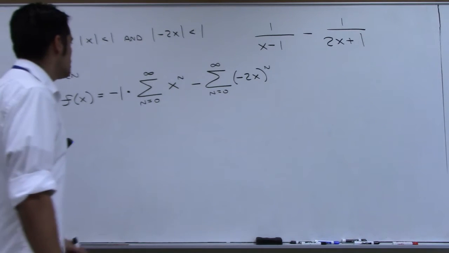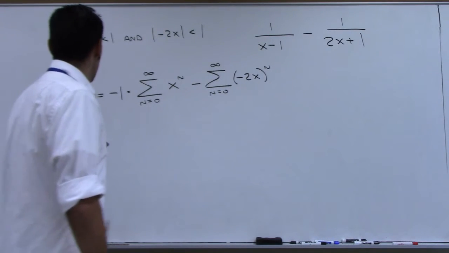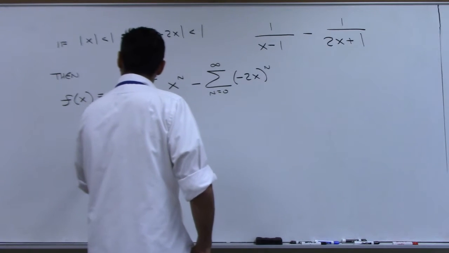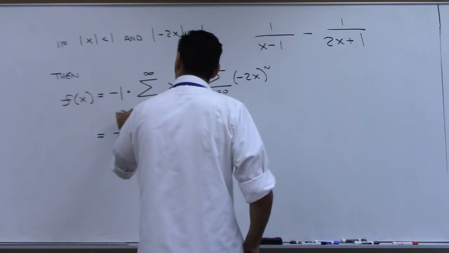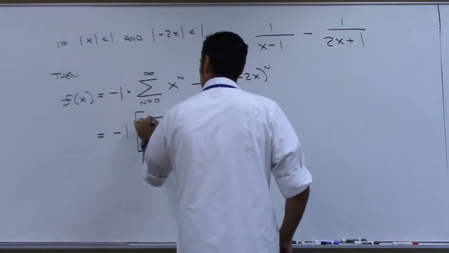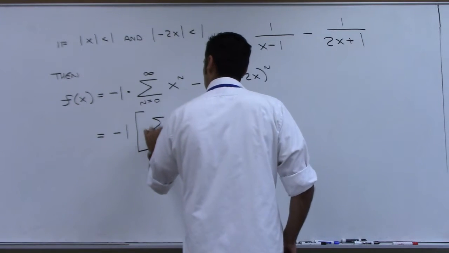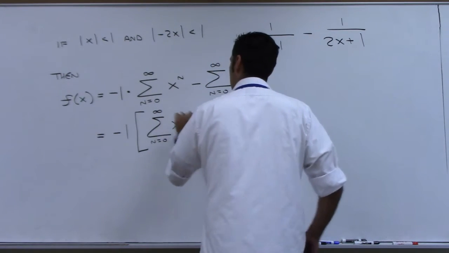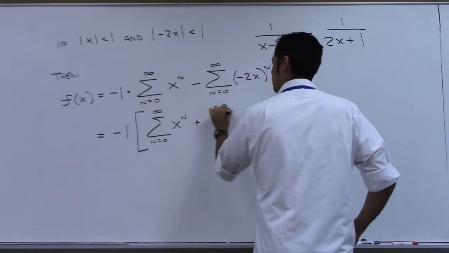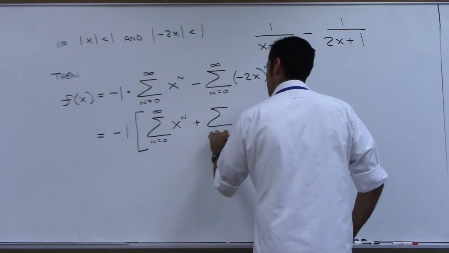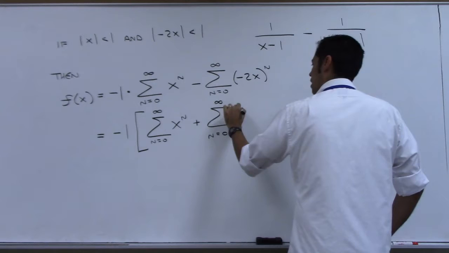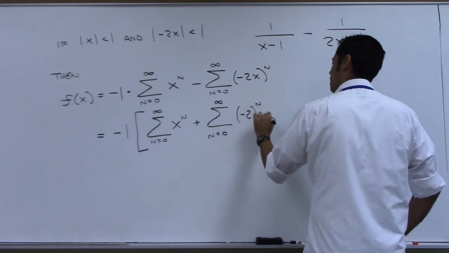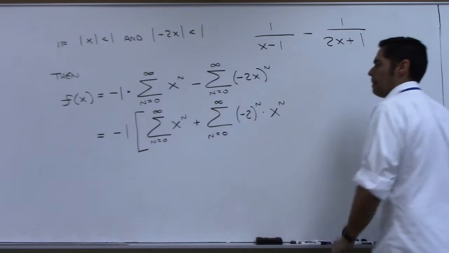So let's try cleaning this up a little bit. Can I do this? Negative 1 bracket sum n equals 0 to infinity of x to the n plus sum n equals 0 to infinity of negative 2 to the n times x to the n.